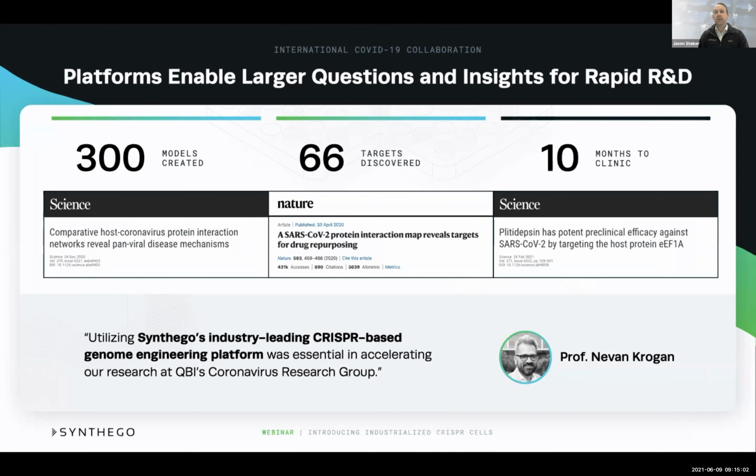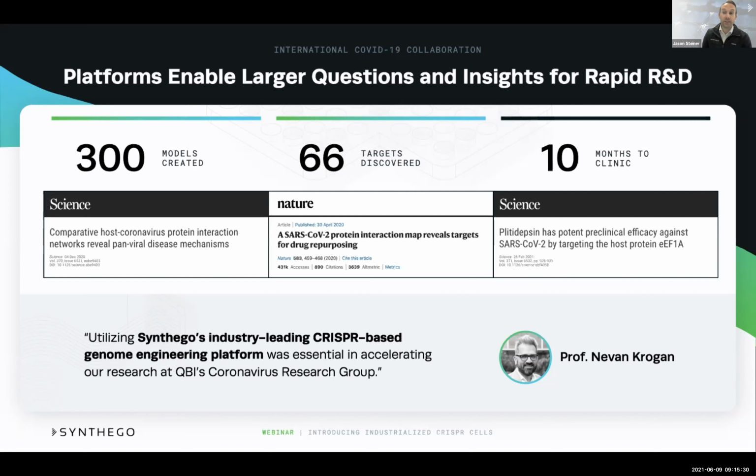As we are continually improving our platforms, it actually allows customers and partners to ask larger questions and get faster insights. And this type of scale that's enabled by this continuous learning and the industrialization of CRISPR genome engineering is actually practical and meaningful. So this is a summary of a collaboration that we had done earlier last year.